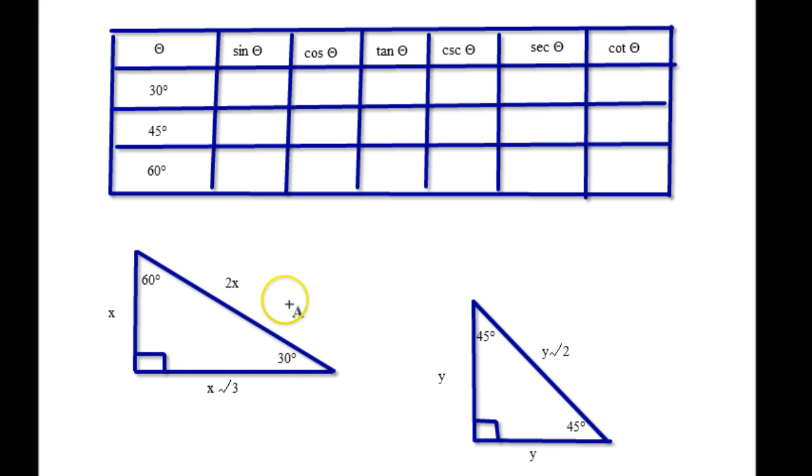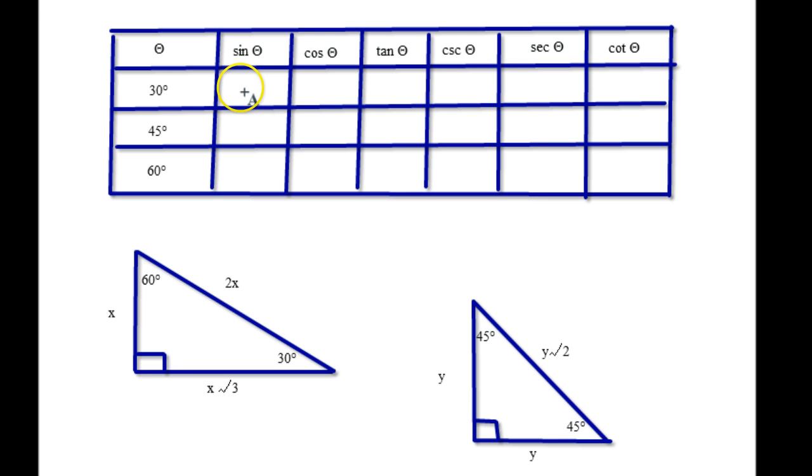These are just special triangles. You guys all know these as the 45-45-90 triangle and the 30-60-90 triangle from trig. I'm sorry, from geometry. And so no matter what size this is, this relationship always works out, and that's why I put the y's in here and the x's in here, because the relationships always seem to stay the same. So this is really kind of cool.